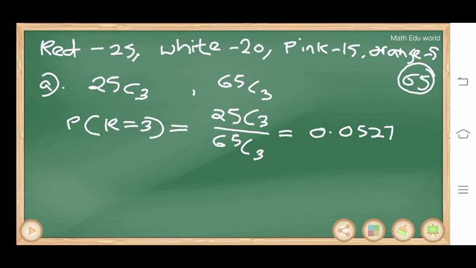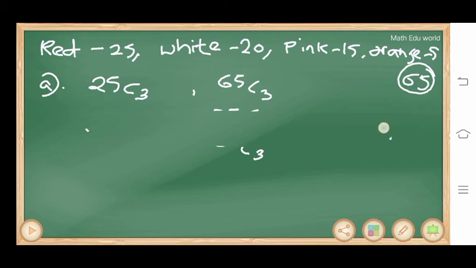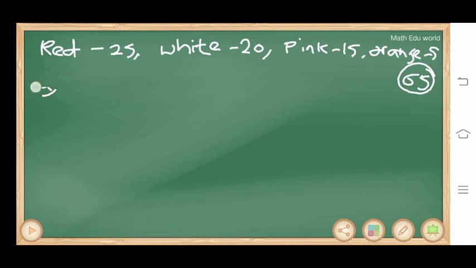Question B is, draw the probability distribution table for the number of red roses selected. So when you think about this question, the number of red roses selected can be either all 3 roses, or 2 red roses, or 1 red rose, or you may not select any of the red roses.